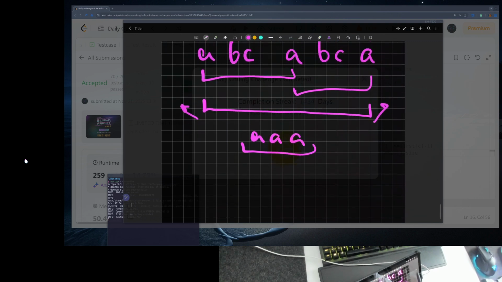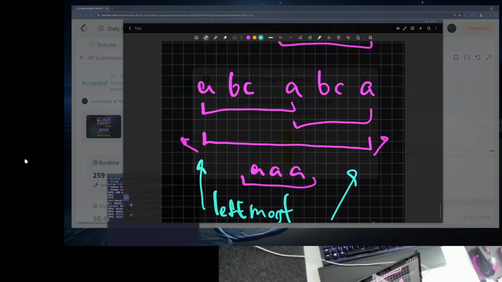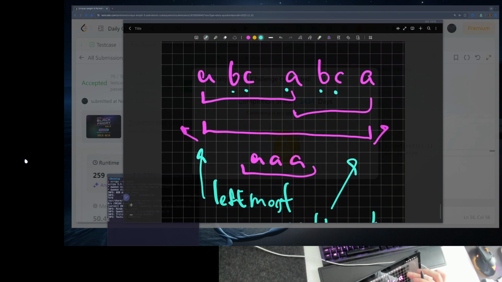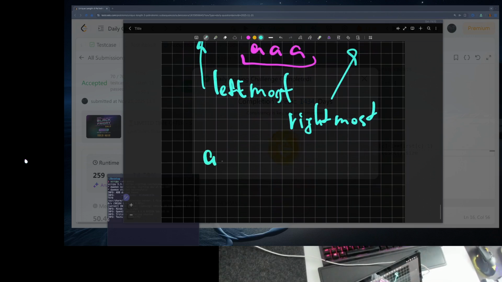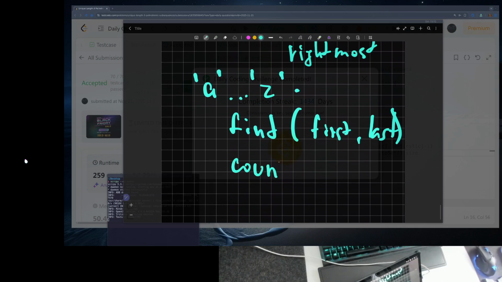So that gives us the final algorithm: we should first find the leftmost letter and the rightmost letter, and then count how many unique characters we have between, and just repeat it for all the possible letters A to Z. Then find first and last, then count unique.